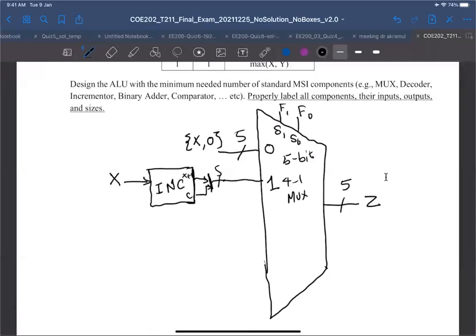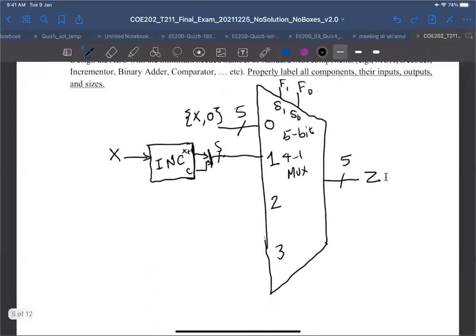The third input is coming from the max and min, so this is number 2, and this is number 3. This is going to be the minimum, and this is going to be the maximum. So for the minimum, we have a magnitude comparator.